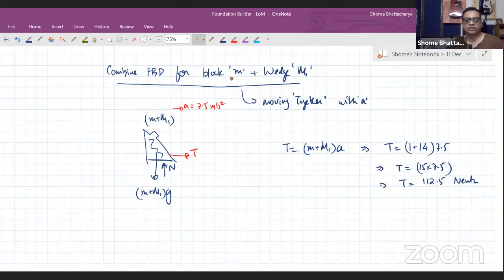Okay. Now next on the other side of the string, here there is this block of unknown mass M2. Now what is happening on it? There is tension acting upwards, okay, weight acting downwards, and it's having the same acceleration downwards.